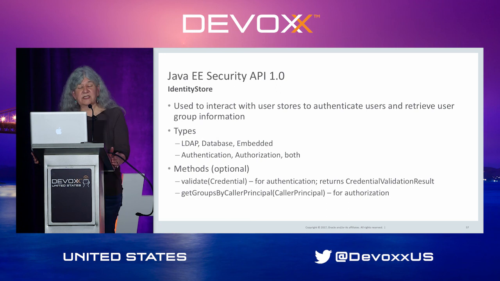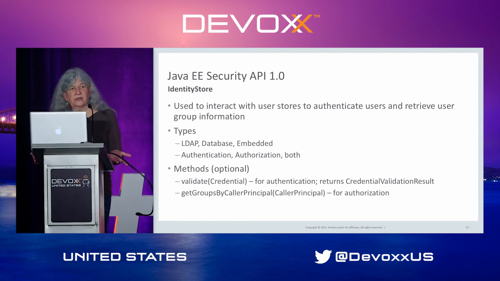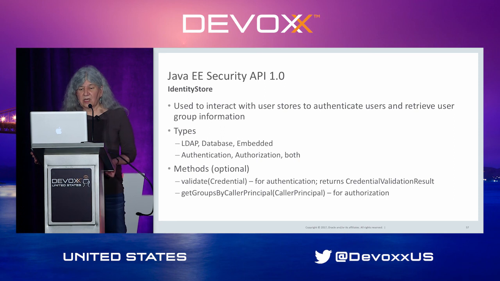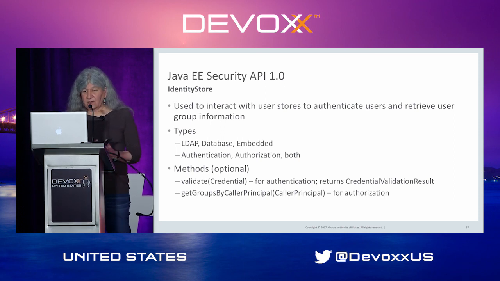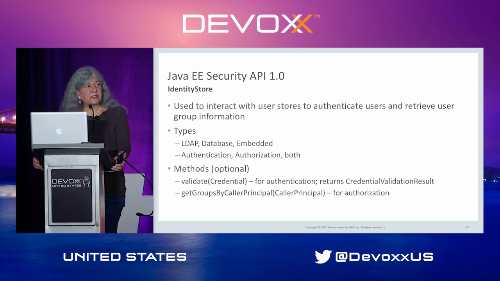There are built-in APIs for LDAP, database, and embedded identity stores right now. Embedded is designed mostly just for prototyping because you wouldn't want to store this user password information in your app or with your app. The validate method provides a credential validation result, which itself can wrap different types of credentials. And you can also obtain the group information.